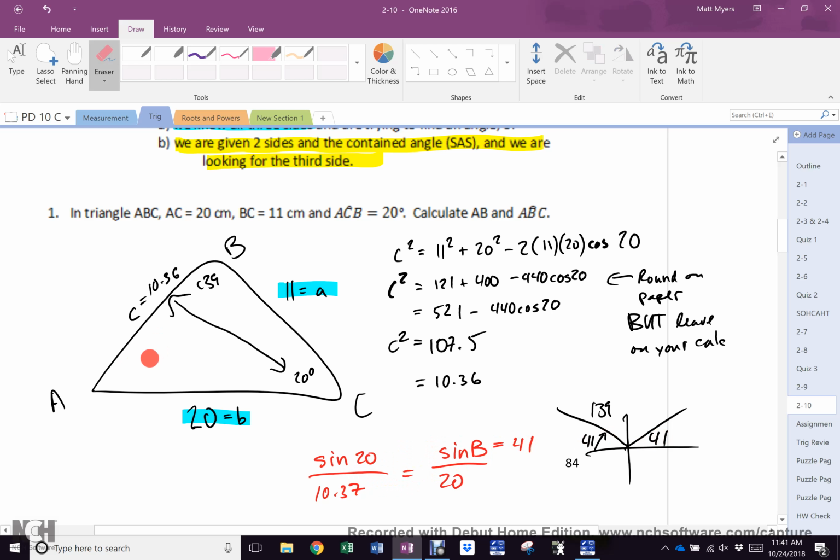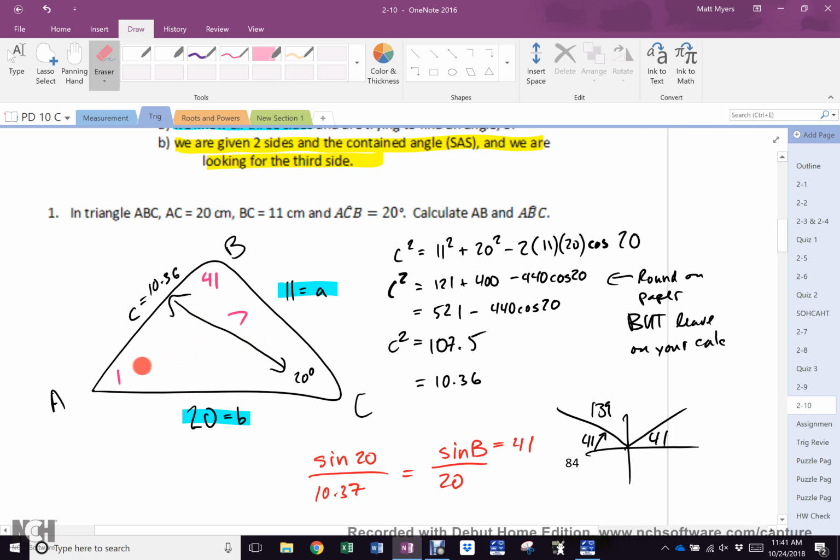Even though we were well aware that it could not be 41, could it? Because if I make B 41, that makes this 180 minus 61, yes? Which would be 119, which would be impossible, wouldn't it?